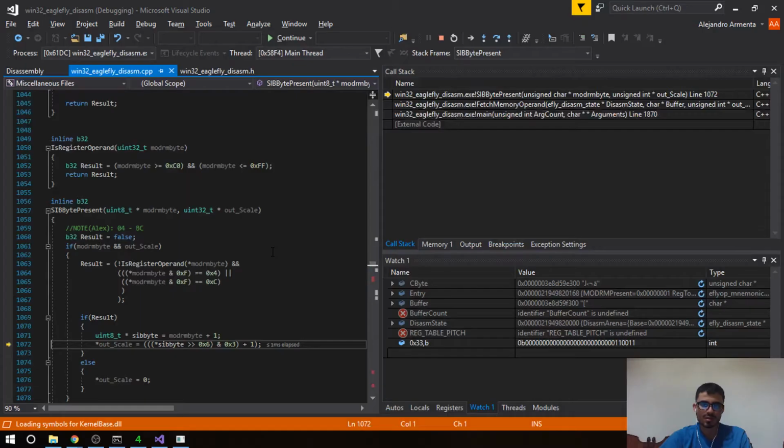Now probably that's all busted. SIB byte and 0x shift 6th. That means that we got to the scale.